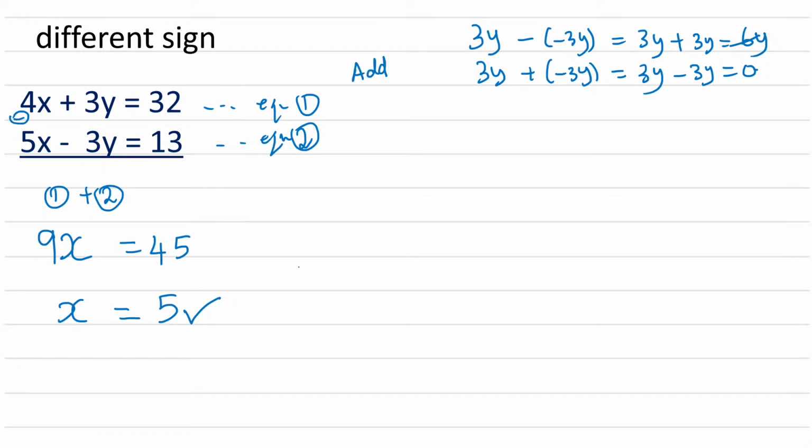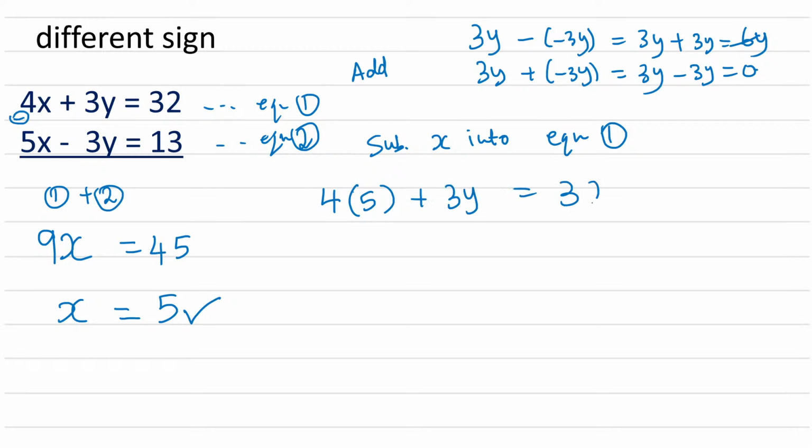So I'm going to substitute x into equation 1. I have 4 times x, which is 5, plus 3y, and this is going to be equal to 32. So 4 times 5 is 20, and then plus 3y is equal to 32.